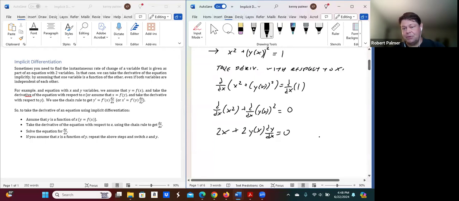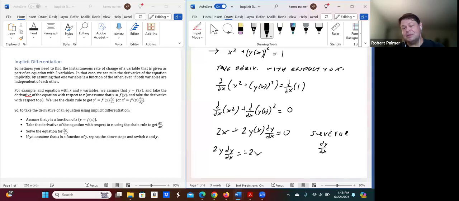Okay, so now what we want to do is solve for dy over dx. So this is an equation, solve for that. Let's subtract 2x on both sides. I'm going to drop the of x part and just call it y. So 2 times y times dy over dx is equal to negative 2x.